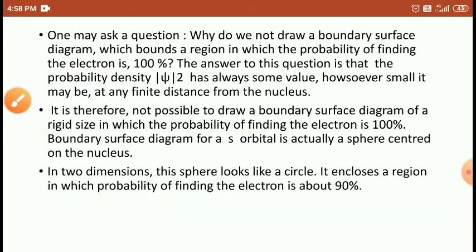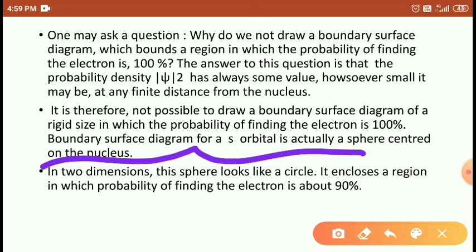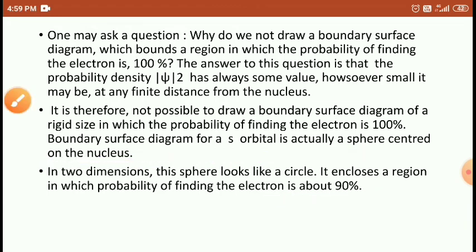And one more thing: the two-dimensional sphere-like circle encloses the region in which the probability of finding the electron is 90%, right? It is enclosed in that two-dimensional space. In this space only 90% of electrons are available, not 100%. The remaining electrons jump to the next energy level, that is, the 2s orbital, right students?